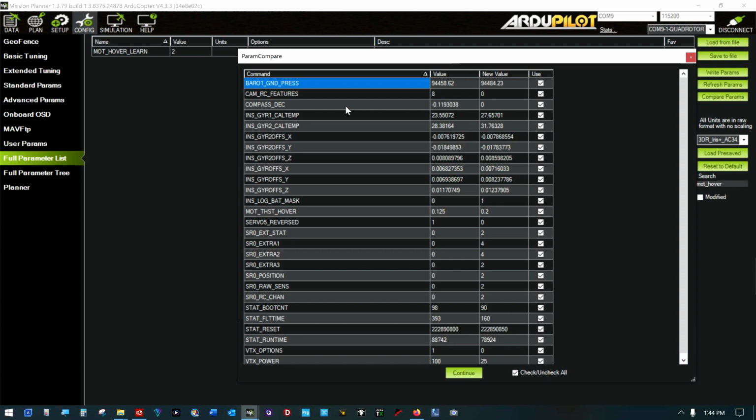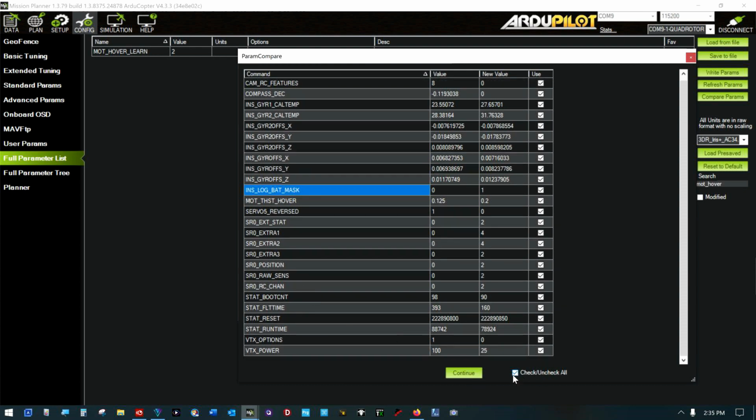Did some learning on the compass. Gyros, of course, have different values. This, you saw me change this to turn off that IMU logging. So I see right here, motor thrust hover was changed. That value was changed during that flight. The rest of all this down through here, no, that wasn't as a result of that flight.